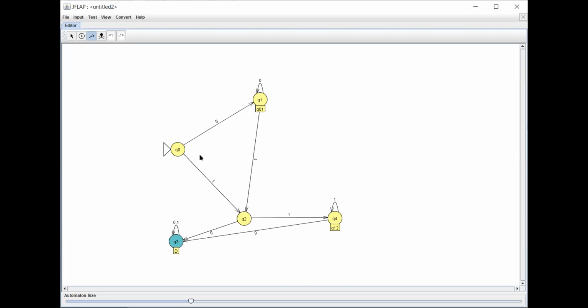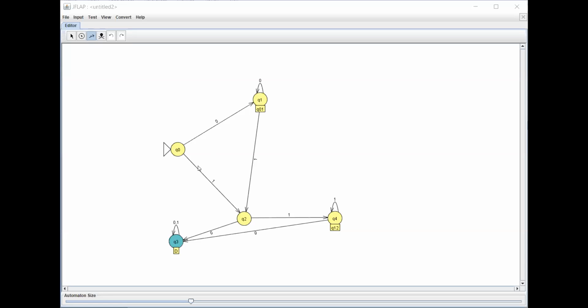We have defined transitions for Q0, Q01, Q2, Q12, and Q3, which is a dead state. Now please observe, this is going to be my DFA. Once I have identified the DFA, the next thing I need to do is find out the final state.